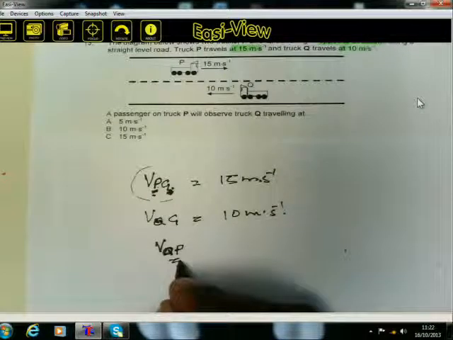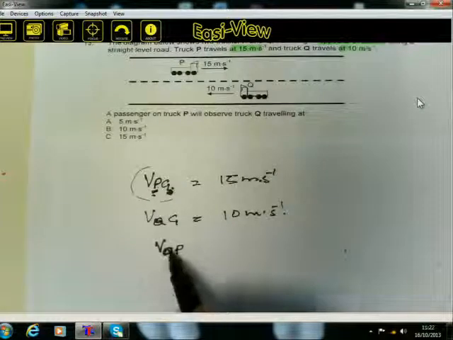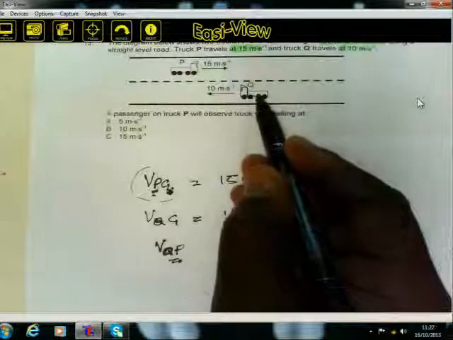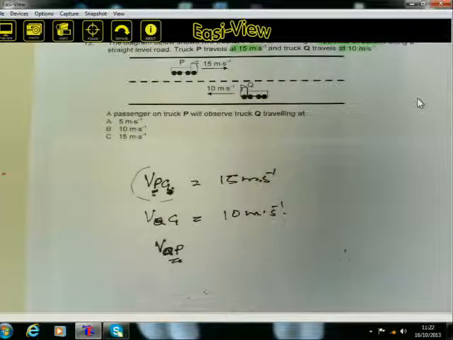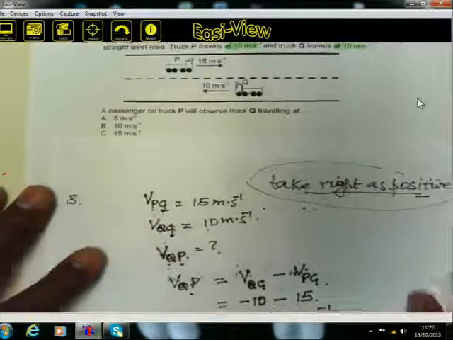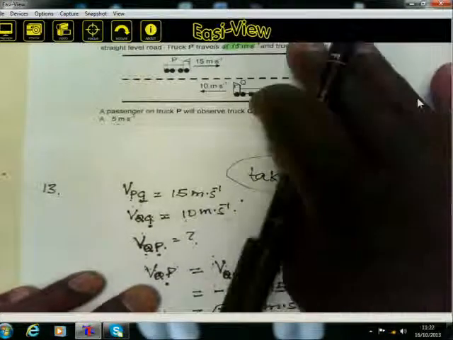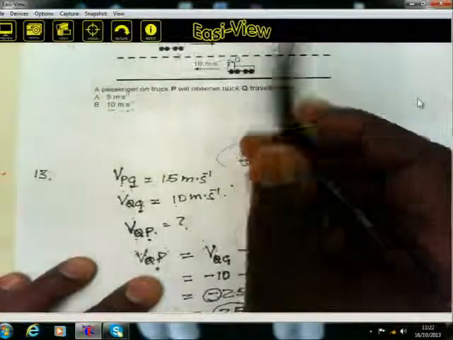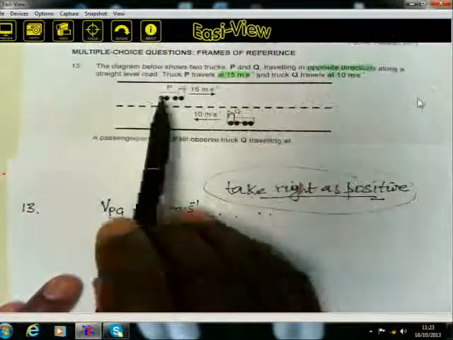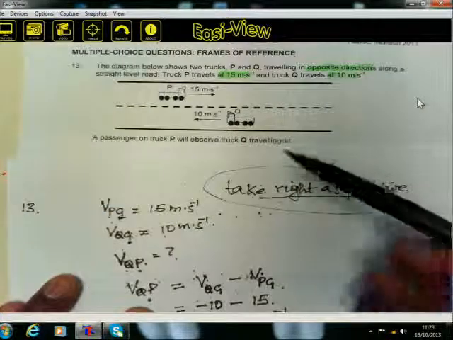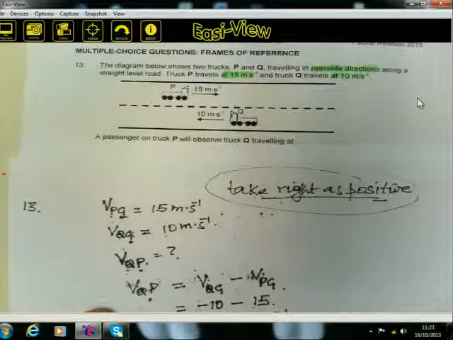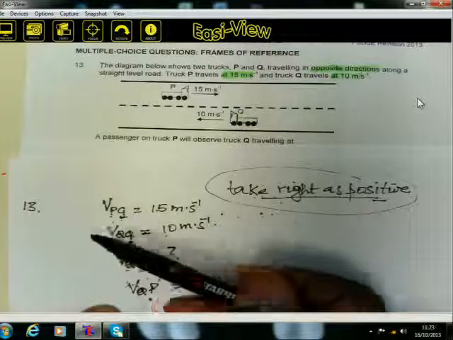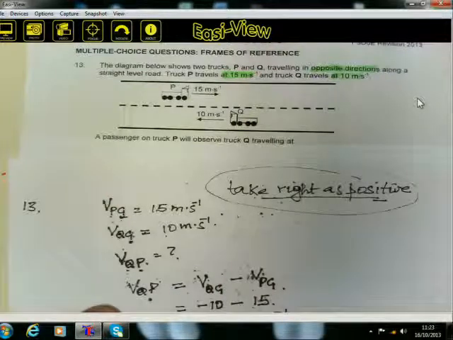I think that makes sense. P observes Q coming, and that is why in my calculation I have said that if you look at the scenario, P is in this car, he sees Q moving in the direction to the left, because the answer that we get here is negative.